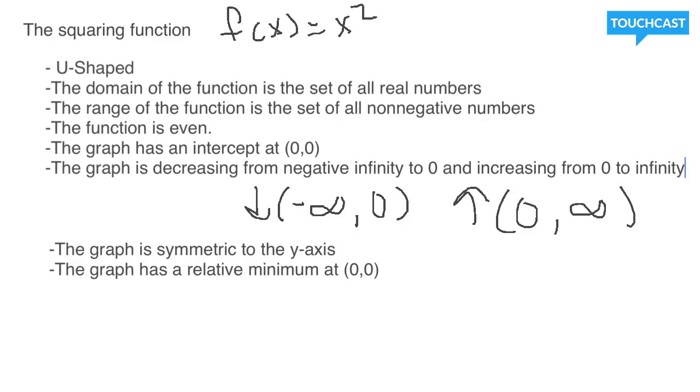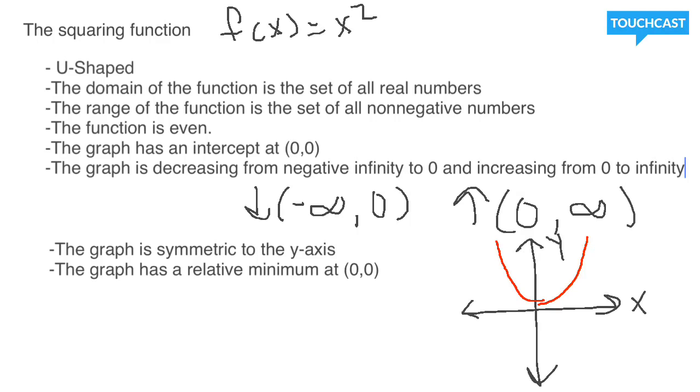So a really rough sketch of what this graph would look like is as follows. We create our x and our y-axis. And we would have a parabola with a relative minimum at 0, 0.